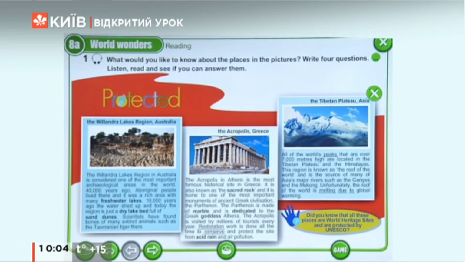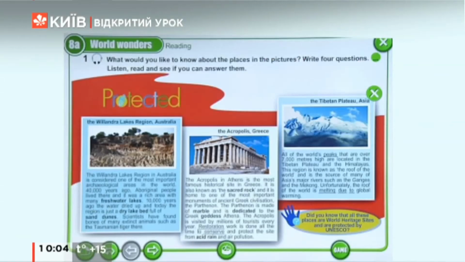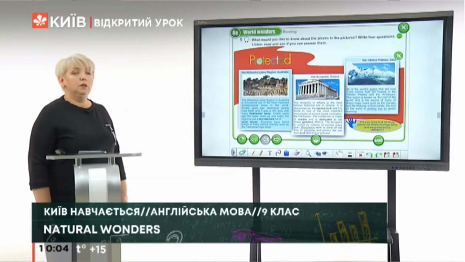So, what would you like to know about the places in the pictures? In the first picture, you see the Willandra Lakes region, Australia. In the second, the Acropolis, Greece. And the last one is the Tibetan Plateau, Asia. So, you will listen, read, and see if you can answer the questions on the text.